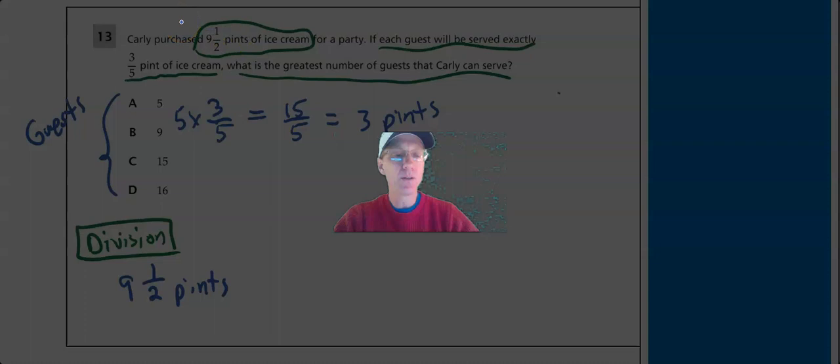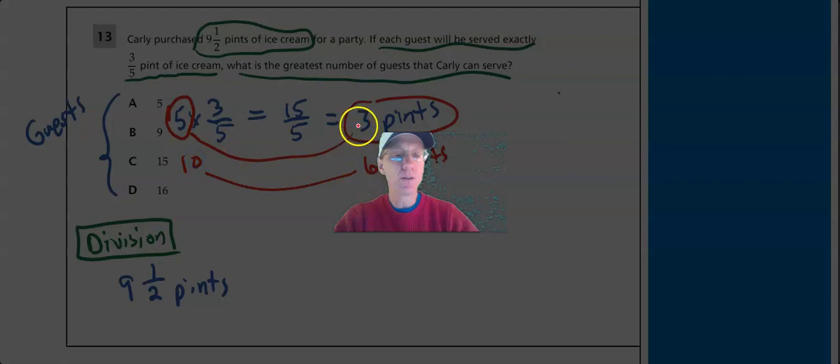So you could actually look at this. Listen to this. 3 pints serves 5. You could actually turn this into a ratio problem. If 3 pints serves 5, then 6 pints would serve, if we double the number of pints, we double the number of people, 10.